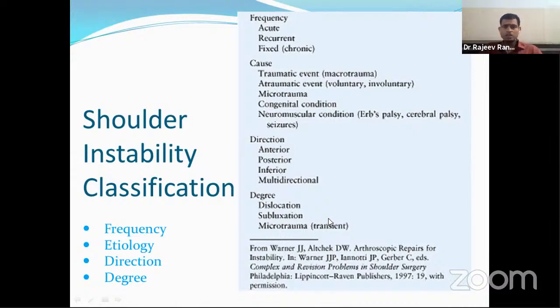On the basis of direction, it can be classified into anterior, posterior, inferior. Anterior is the commonest one, and inferior is the rarest one, and another is multidirectional. On the basis of degree, it is classified into dislocation, subluxation, or microtrauma, the transient dislocation.